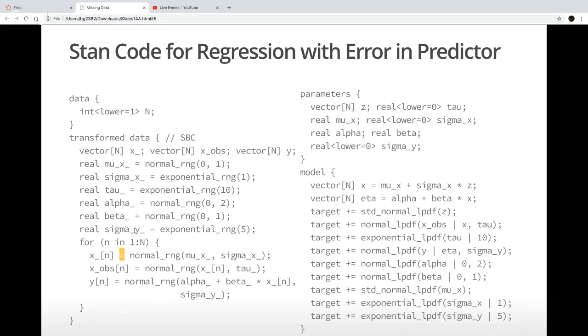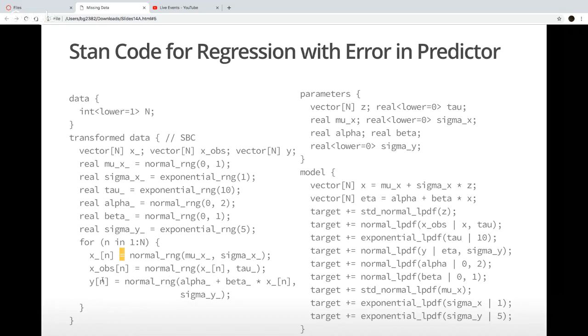And then y has error as well, so we get priors for all that. And then we draw from the prior predictive distribution of y, normal with expectation alpha plus beta times true x, and then with standard deviation sigma y.